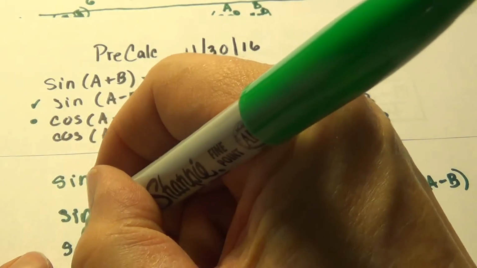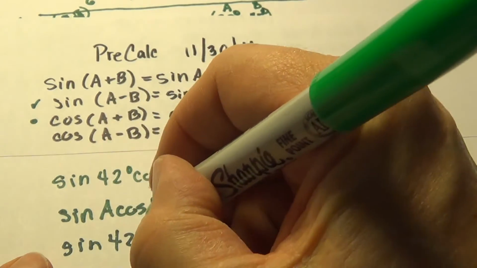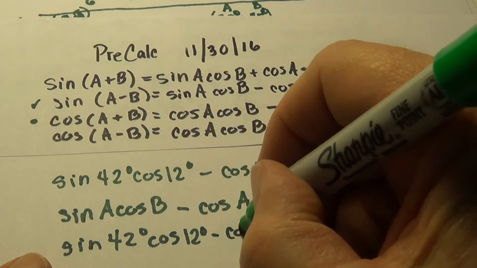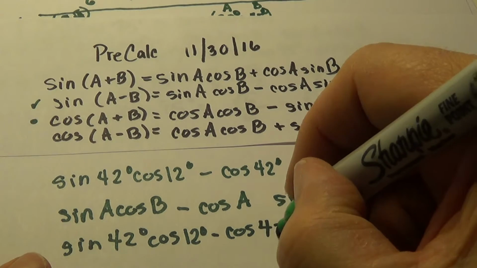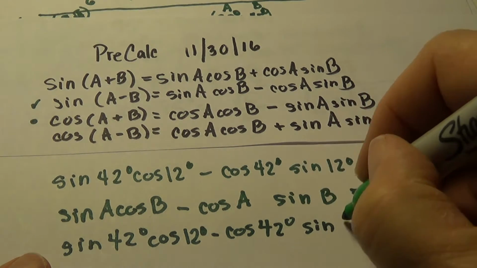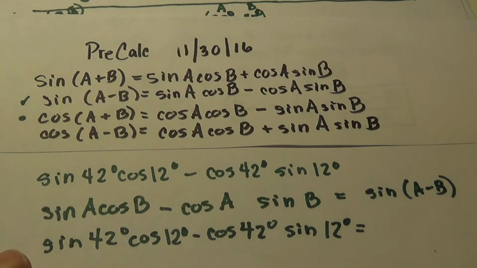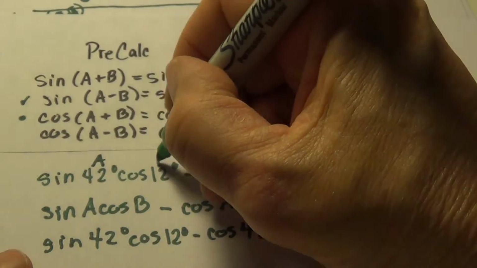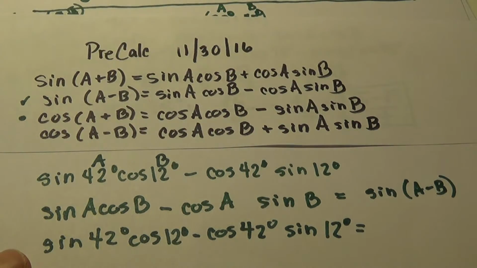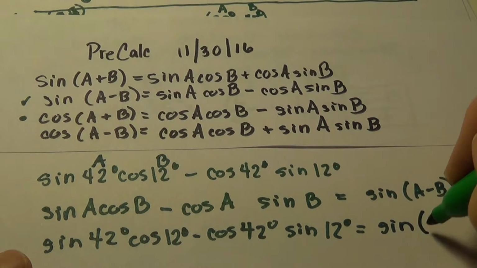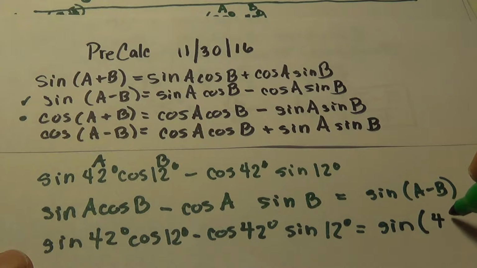Again, a lot of this you won't really have to write out except during this learning phase. So substituting in, that equals the sine of A, identified as 42, minus B, identified as 12.